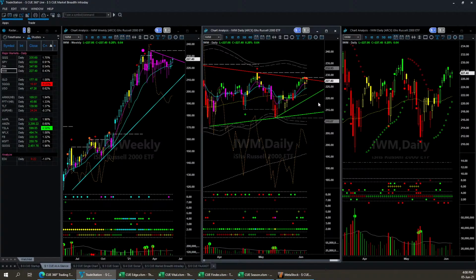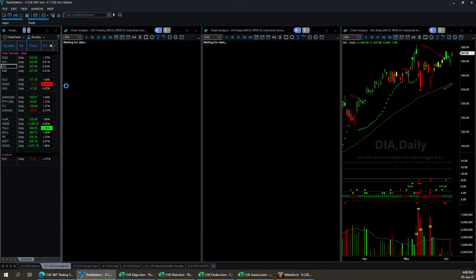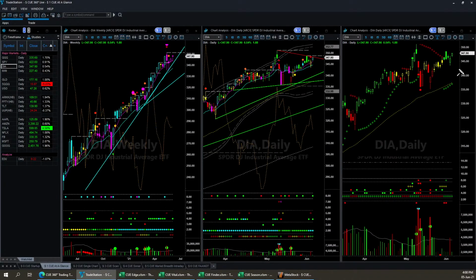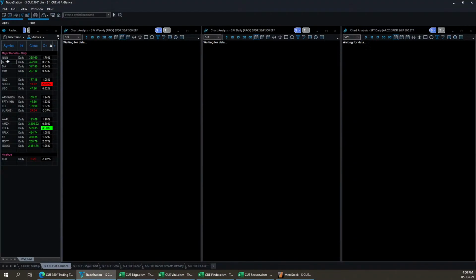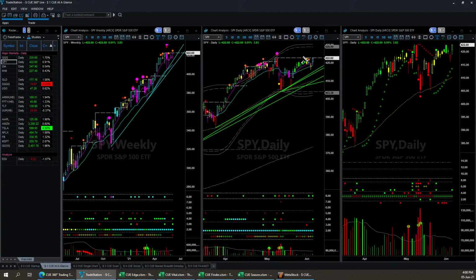IWM, if you just look at Friday's candle, it is near trendline resistance, but Friday's candle itself is indecisive in IWM. DIA, Friday's candle may be near trendline resistance, yes, but the candle itself is bullish in DIA. SPY, of course, it's near watermark resistance.